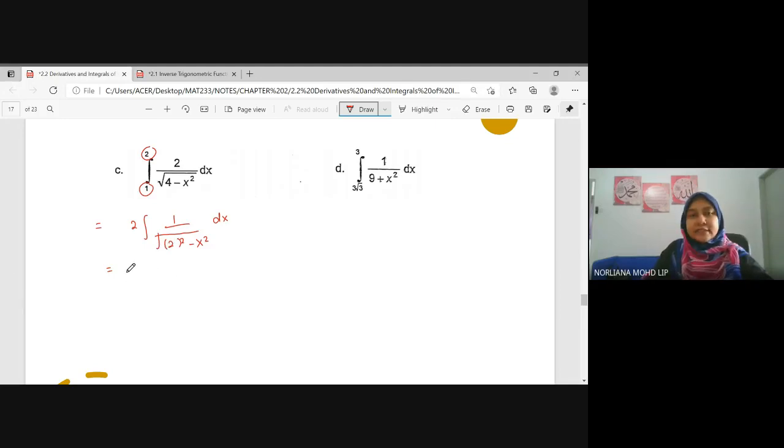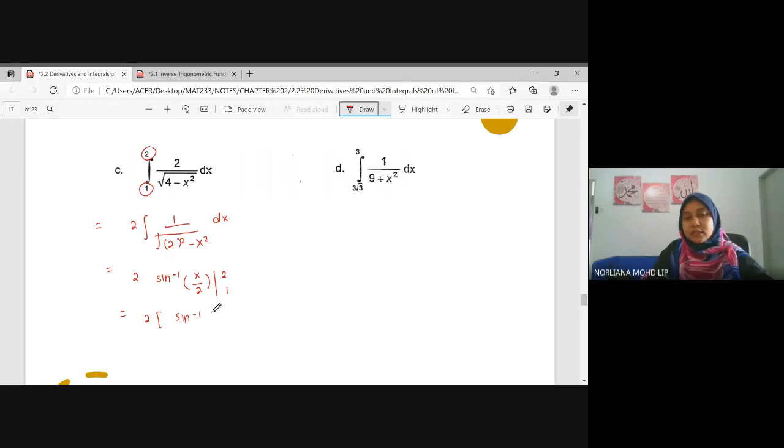Okay, yang ni sin kan, 2 sin inverse x over 2 into 1. Masukkan lah.